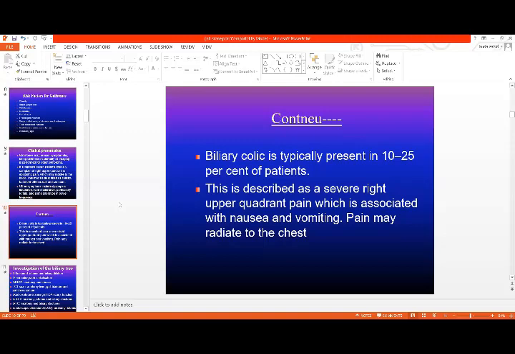So that is biliary colic. If you get all these present, positive Murphy's sign, raised temperature, raised white cell count, this is acute cholecystitis. This is severe right upper quadrant pain associated with nausea and vomiting, and pain may radiate to the chest.